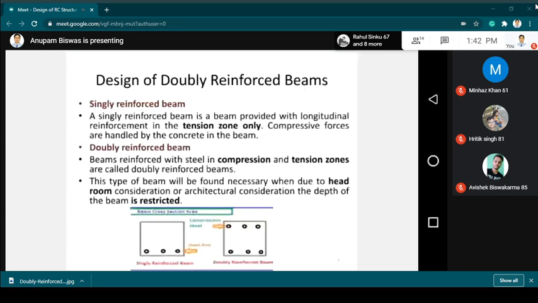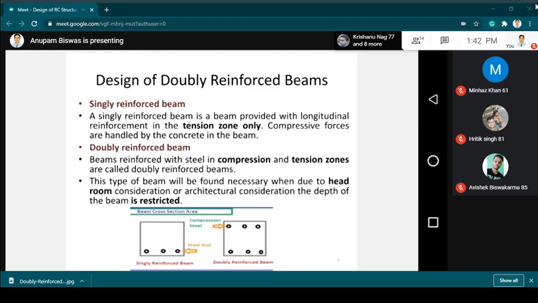The real purpose is that we have to make sure the size, the depth of the beam, is restricted to a certain maximum height, for example for architectural purposes, in general conditions.